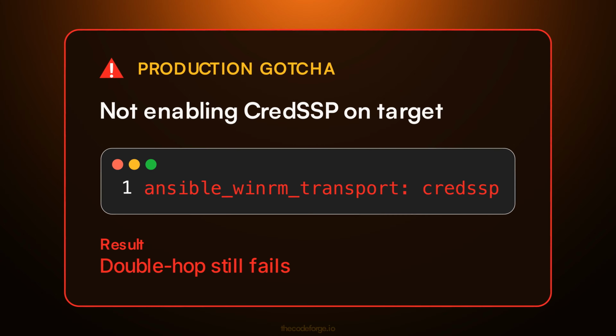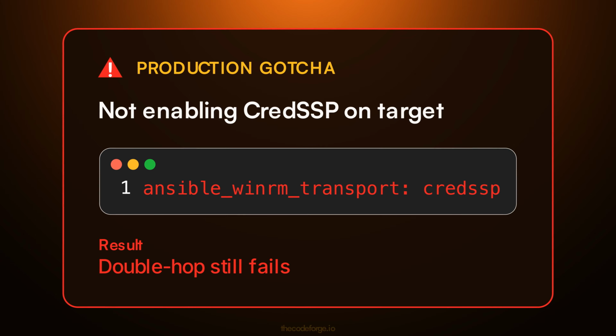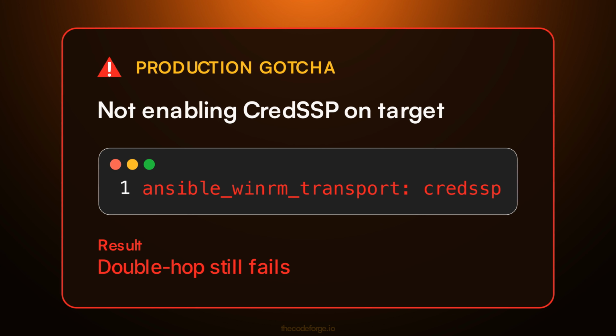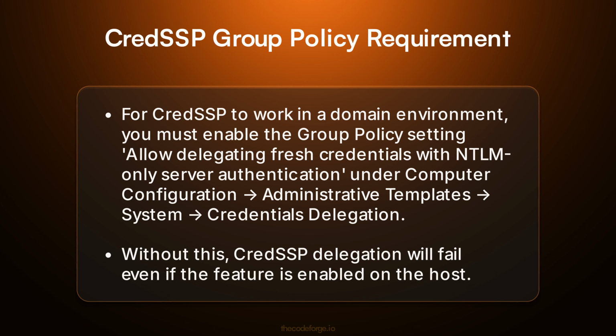Simply setting the transport to CredSSP is not enough. You must also enable CredSSP on the target host with Enable-WSManCredSSP -Role Server and configure group policy to allow delegation. For CredSSP to work in a domain environment, you must enable the group policy setting, Allow delegating fresh credentials with NTLM-only server authentication.